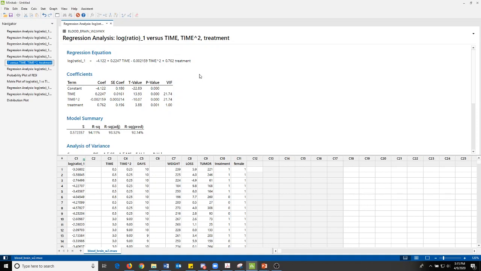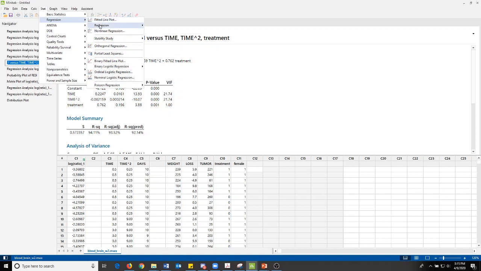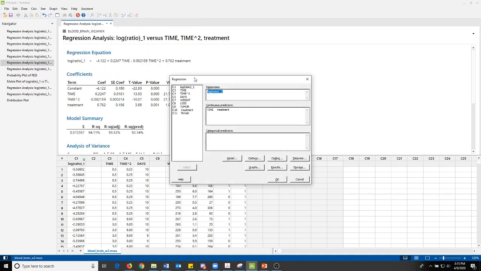Now let's go ahead and do a residual analysis here. I'm going to do this part again. Let me show you a little trick that I forgot to show you before. I'm going to go to Stat, Regression, Regression. To fit the regression model, I've got the log ratio there, and I want time squared.